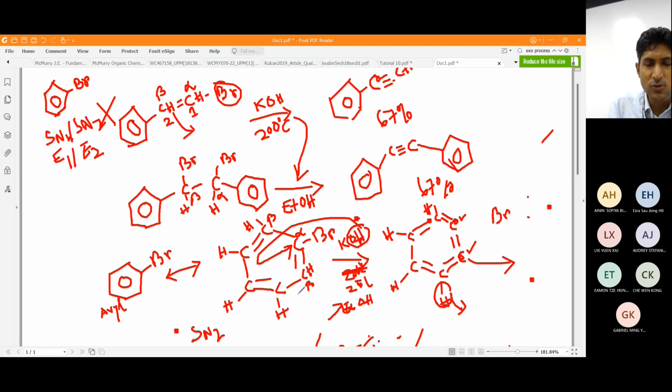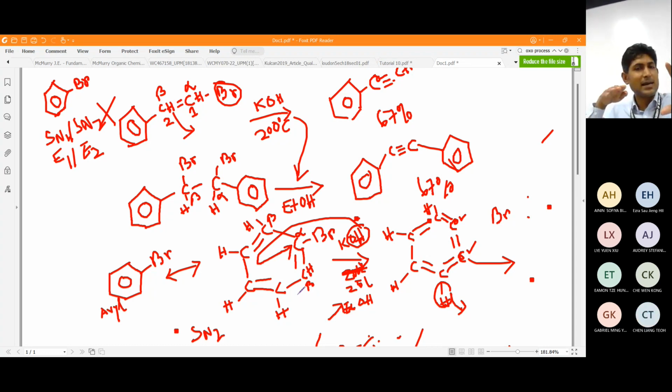I didn't bring the model today, but through the behind model, you can imagine. There is no way. It cannot penetrate through this carbon and then attack this carbon.